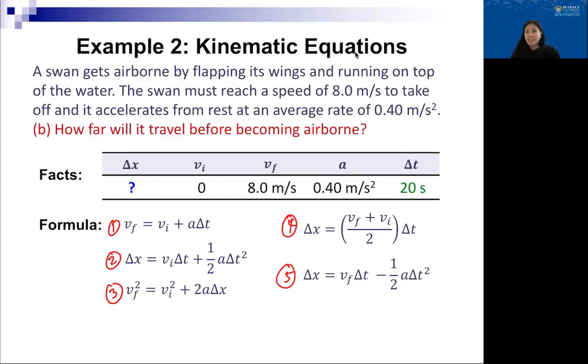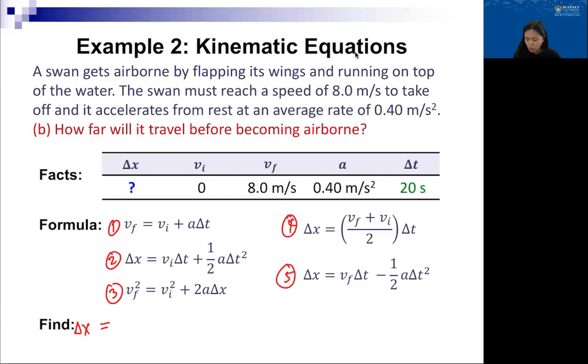Yeah, right. So equation 4, because we now have this extra information for delta t, we can use equation 4 directly, because then you don't have to rearrange the equation. And you can just directly substitute the numbers here and get delta x.